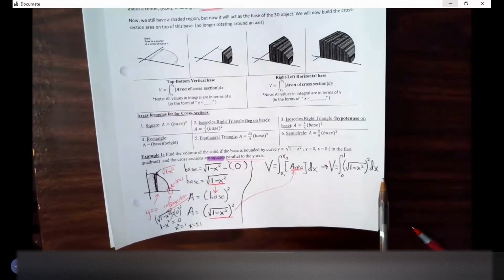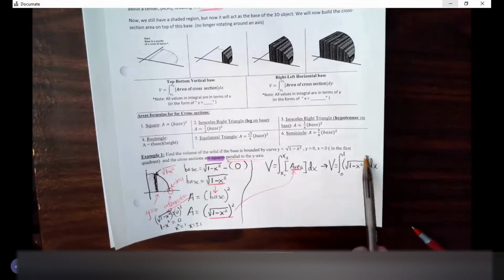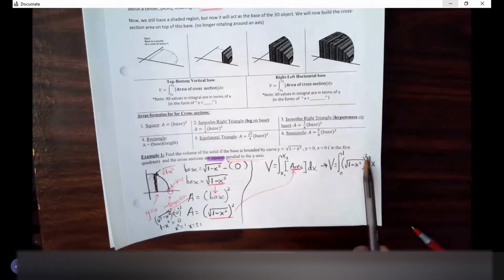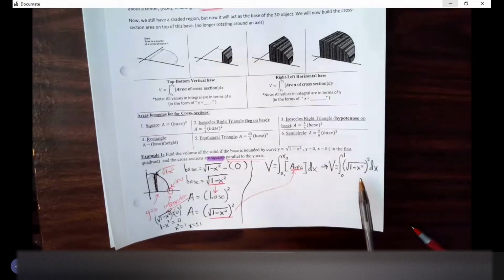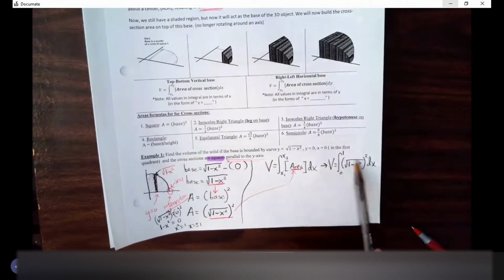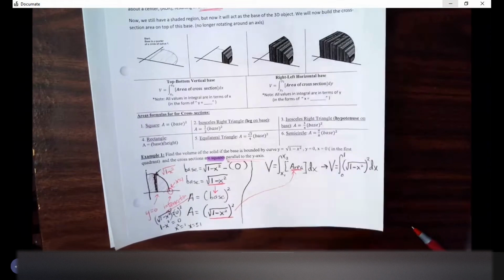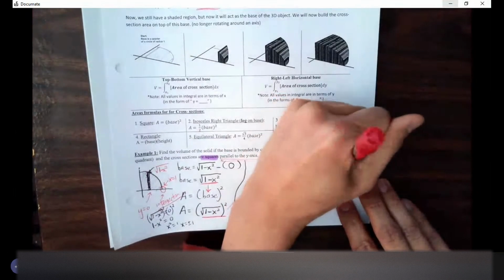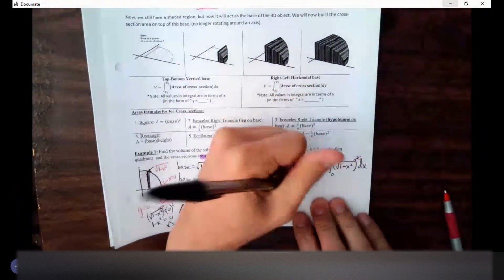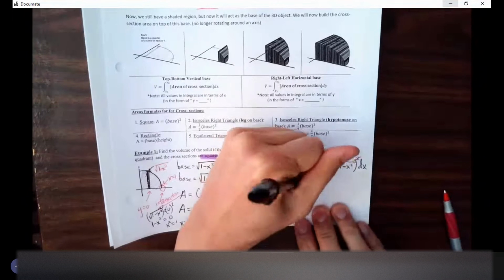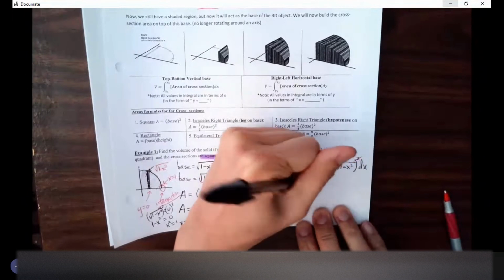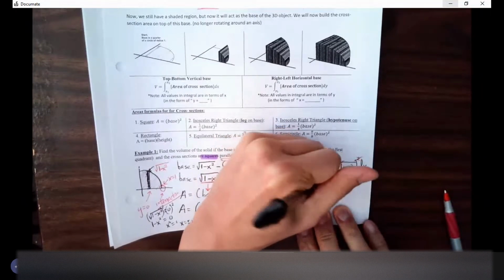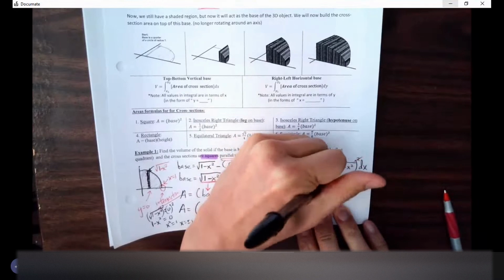I just see that this is something that I can reduce so that I don't have to put as much messiness into the calculator. I see the square root and the square are perfectly matched up where I can just cancel them out. So volume equals the integral from 0 to 1 of 1 minus x squared dx.